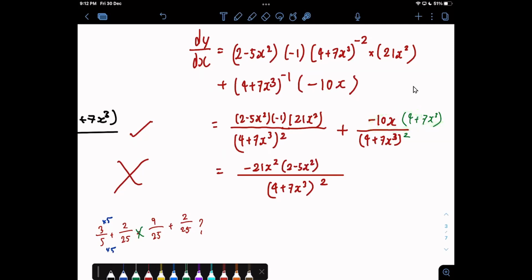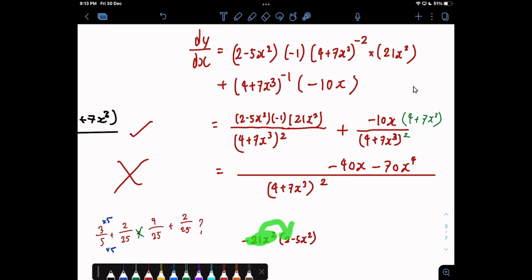And here, maybe I can expand already. -10x times 4, negative 40x. Negative 10x times positive 7x cubed, negative 70x power 4. This part, maybe I also expand now. Is that too fast if I expand now? No? Okay, I'm just going to drag this aside and then expand it.